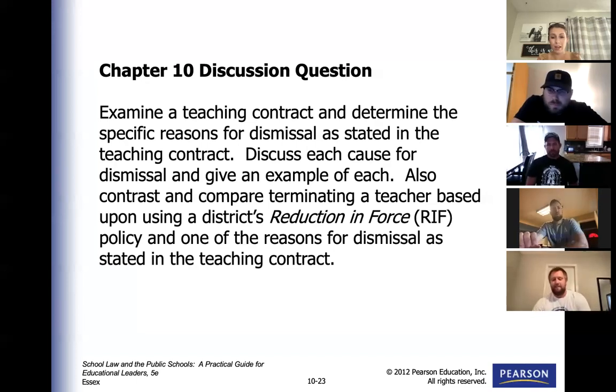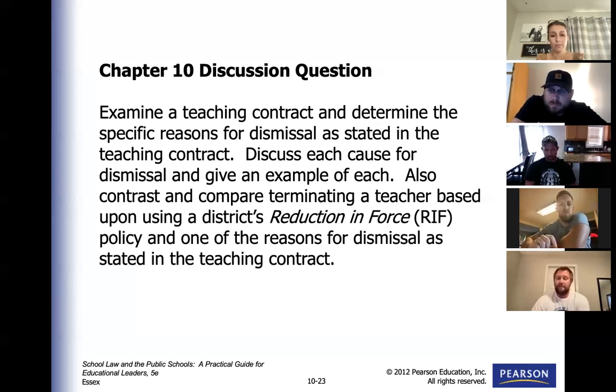My aunt teaches in Long Beach, and probably 7 or 8 years ago, she's taught for 20 some years, they were giving out pink slips saying, hey, cuts are coming, you get a slip, it might be you. Luckily she never got cut, but a lot of teachers did. It was this exact situation.